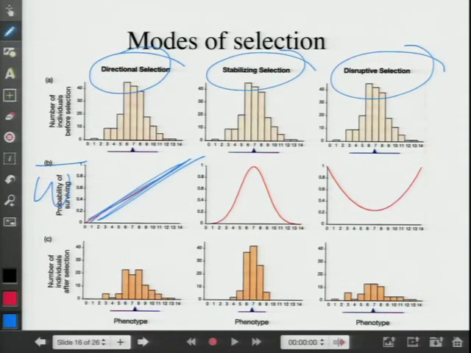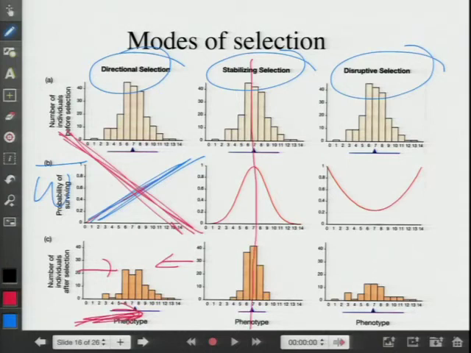But as we were talking about, when S is negative, in red here now, this is also directional selection. It's just favoring the alternative extreme. What happens with selection is you get a shift in the average, and you usually get a reduction in variation. With stabilizing selection, you get no change in the mean, but you get greatly reduced variation around that mean.